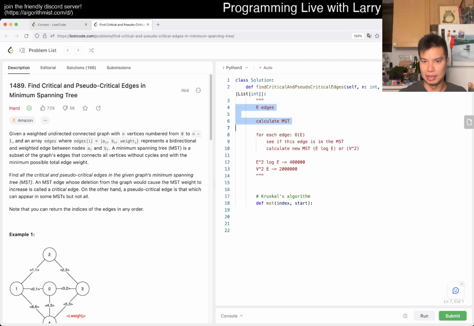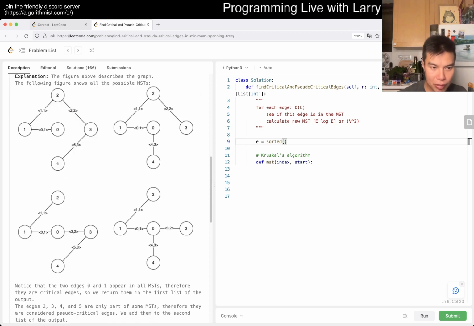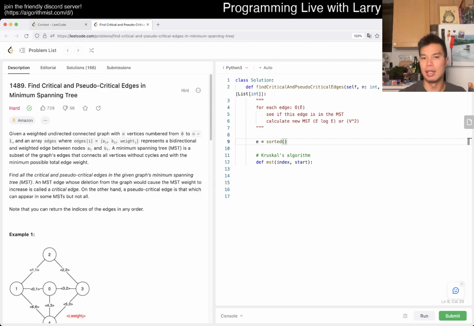Let me just remove this so I could have more real estate. What am I doing again? Oh yeah, sorting. So let's just say the edges, you go to sorted. We have to keep track of the index, right? Because that's what we're returning.